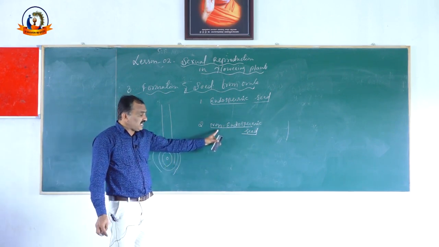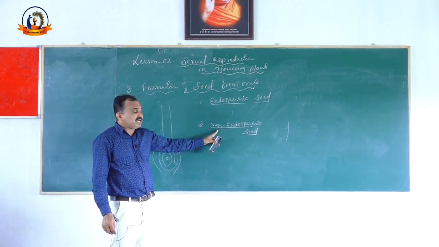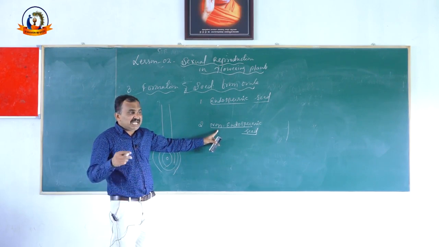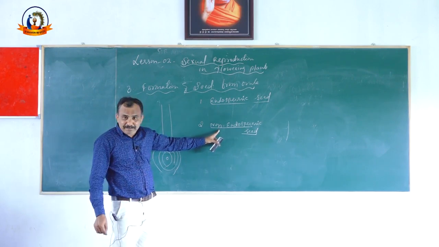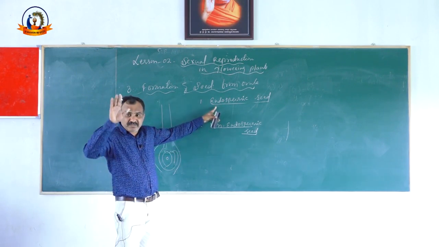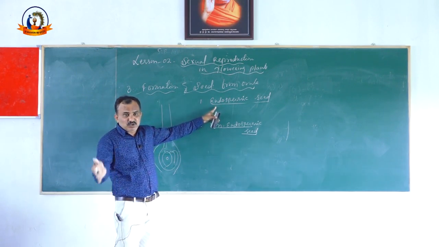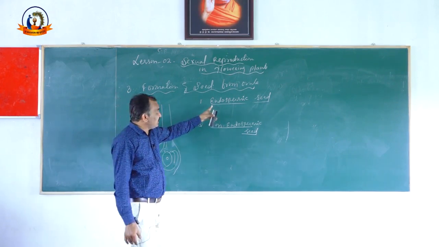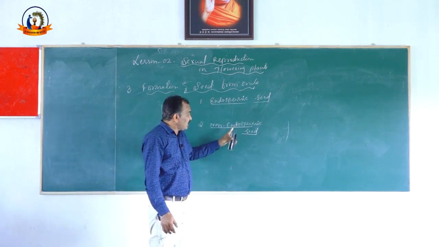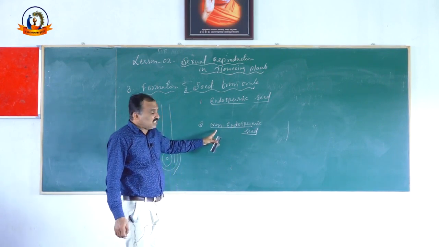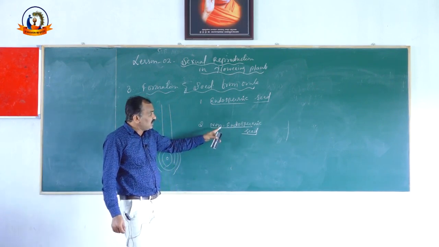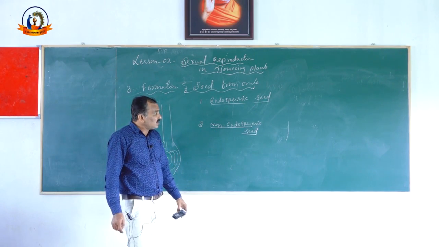Here also in the beginning endosperm is present, but that endosperm is completely utilized by the developing embryo. Where endosperm remains, such seeds are called endospermic seeds, and where endosperm is completely consumed by the developing embryo, such seeds are called non-endospermic seeds.